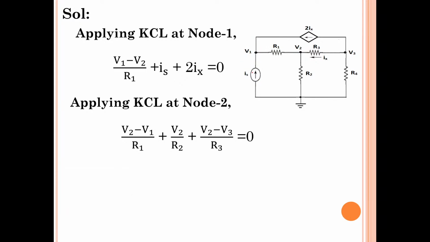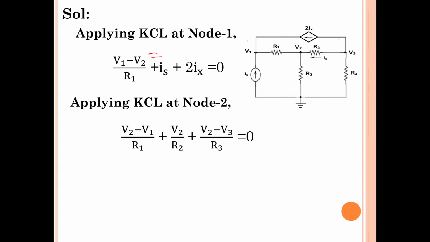at this node. So this is IS, the source current IS, plus another dependent source current entering this node, 2IX, plus V1 minus V2 by R1, equal to 0. You can even write entering currents equal to leaving currents.